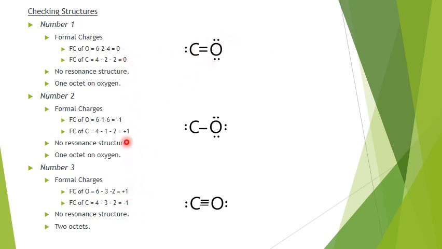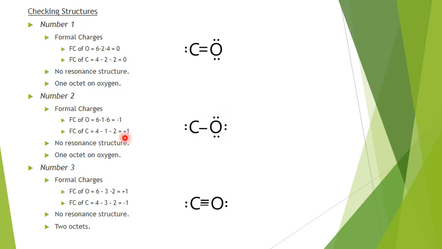How about the difference between the formal charges of these two here? They both have 2 formal charges. It turns out that this one up here would be more likely than this one down here. And that's because you want to have the negative formal charge on the most electronegative atom.